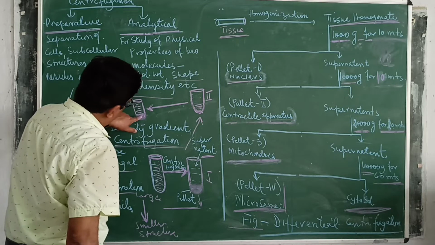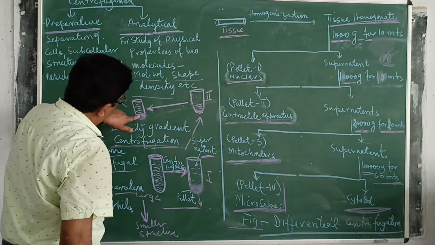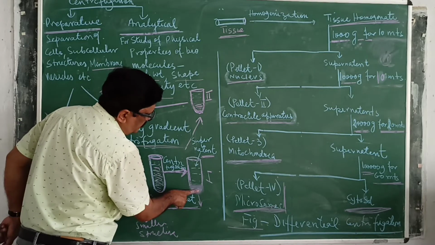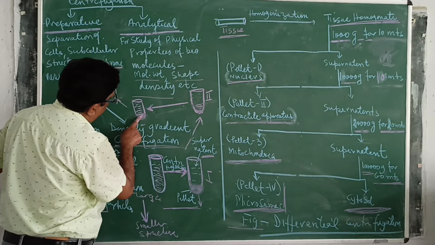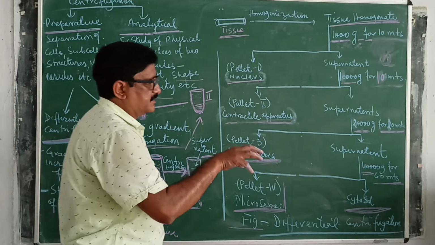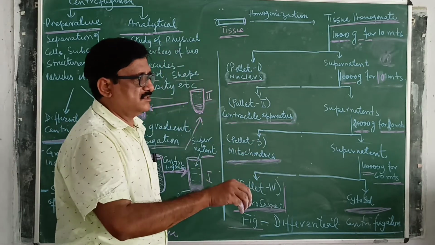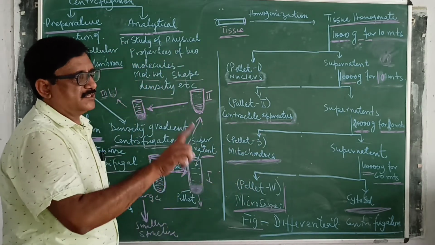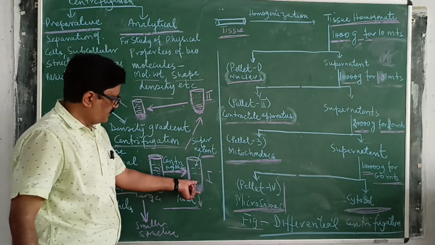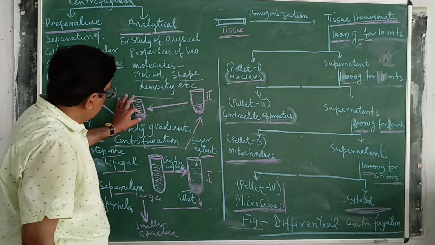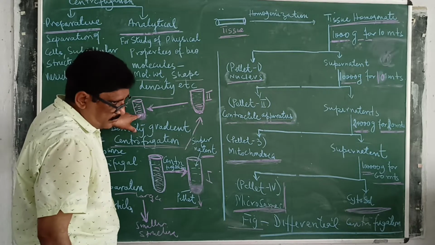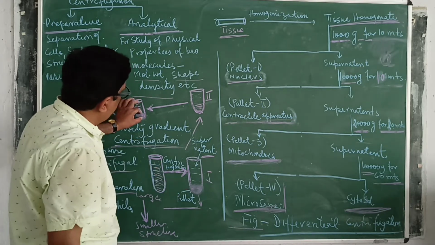This component which is sedimented here is smaller than the previous one, or has less density, because the component which has the largest size or maximum density will have the maximum sedimentation rate and will sediment first. The heaviest will separate first, and then in the subsequent step, the component with less density gets separated.